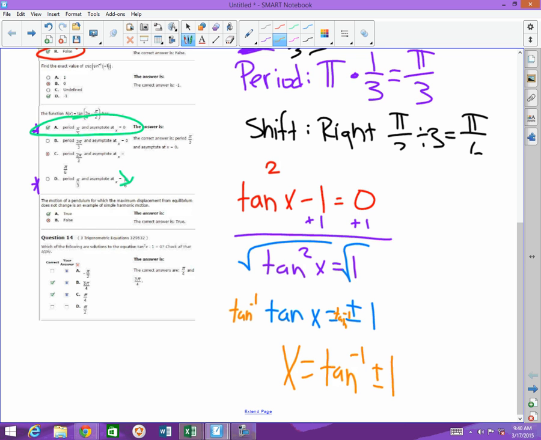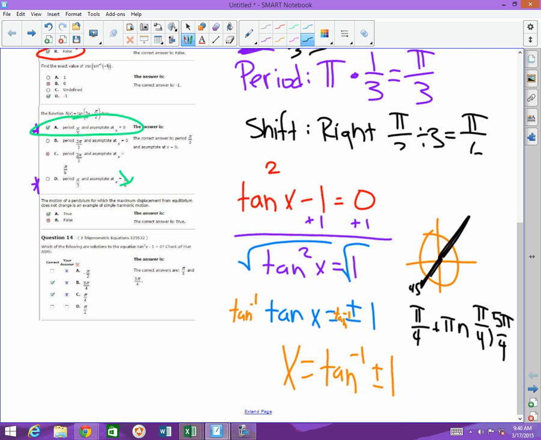Now, where is tangent 1 on your unit circle? Well, tangent of 1 is there, which is at pi over 4, or 45 degrees. It is also 1 here, so plus pi n. So then you would have pi over 4, and that angle would be 5 pi over 4. And then tangent is a negative 1 here, which is 135 degrees, or 3 pi over 4.